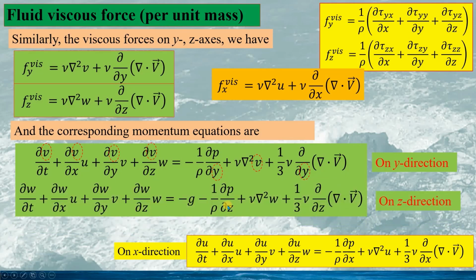Similarly, on z direction, the momentum equation is given as this. It is very similar to that direction. Here we use w, the velocity component on z direction, to replace the velocity component u here, and the gradient with regard to z instead of the gradient with regard to x. The only difference on z direction is the fluid body force, the fluid gravitational force, minus g here.